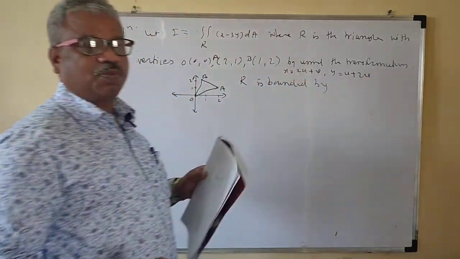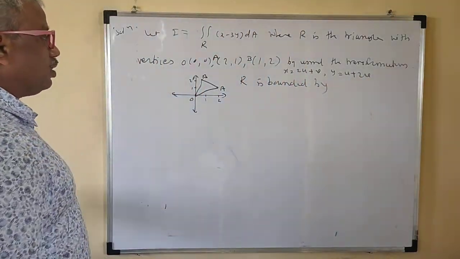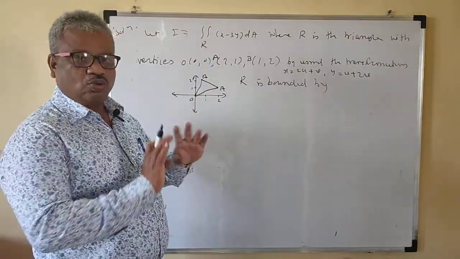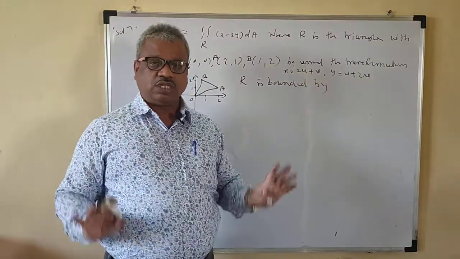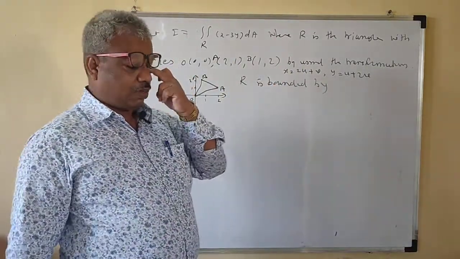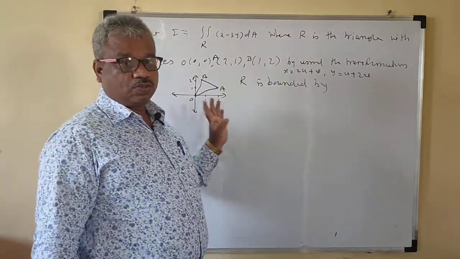The transformations are provided to you. If the transformation were not provided, you could easily integrate in the Cartesian form, no need to use the substitution. But here the substitution is provided, so you have to solve this problem by the substitution method only.